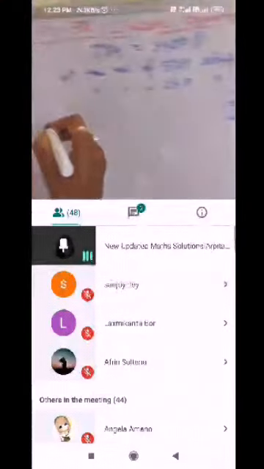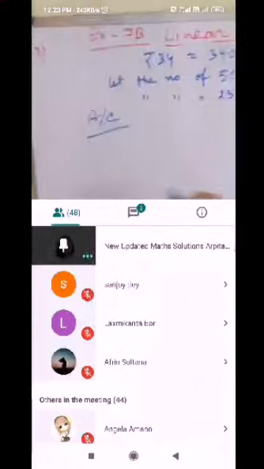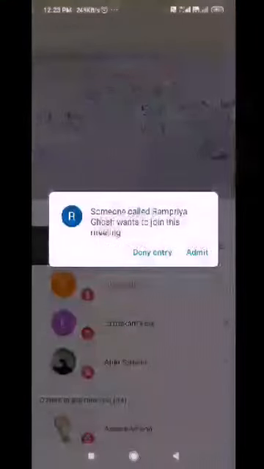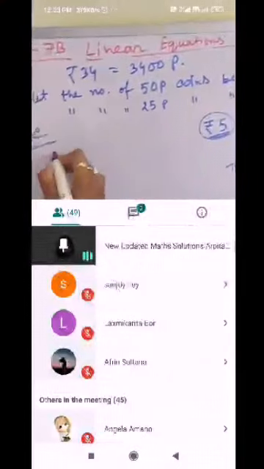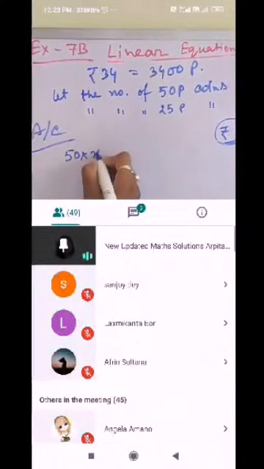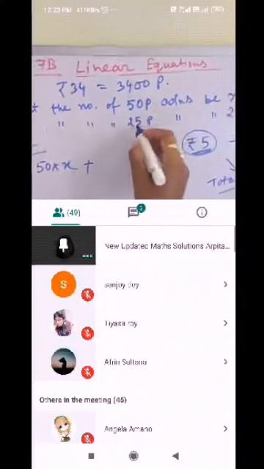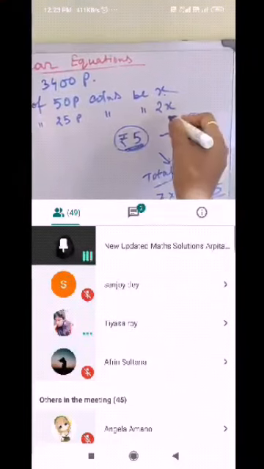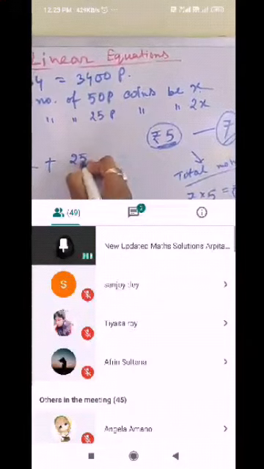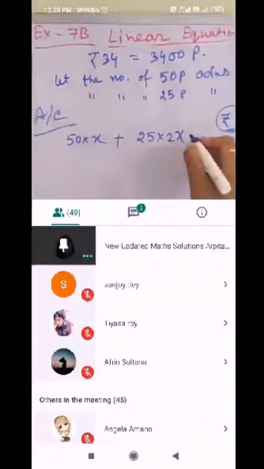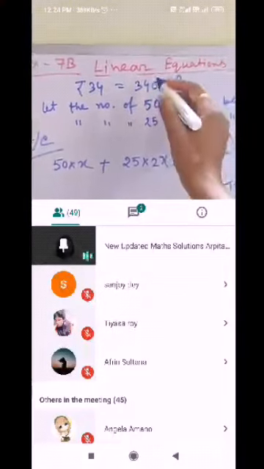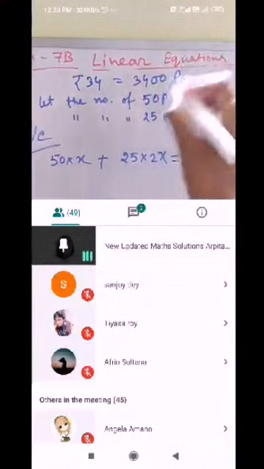Here also the same thing. According to the condition, how many 50 paisa coins are there? x. That means 50 into x, plus 25 paisa coins, how many? 2x. So 25 into 2x equal to total money, 3400 paisa.